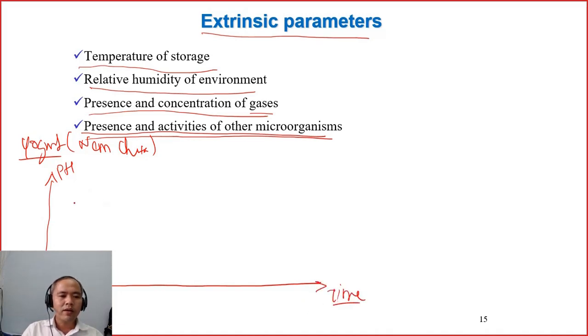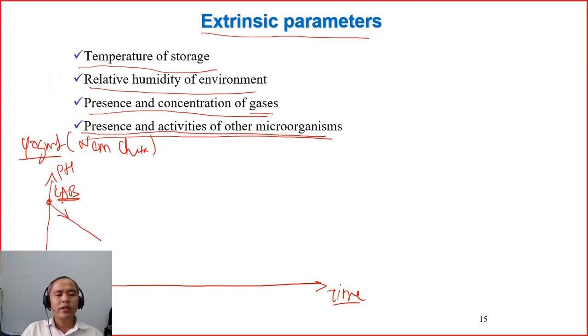When we make yogurt, from the beginning we add lactic acid bacteria and we generate a condition for this bacteria to grow. When lactic acid bacteria grow, they will reduce pH during fermentation.